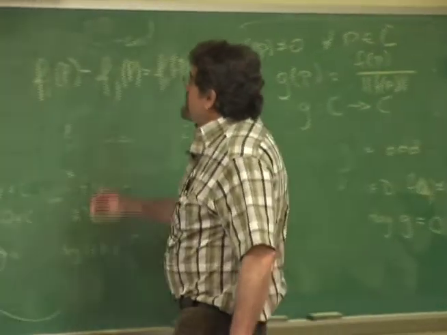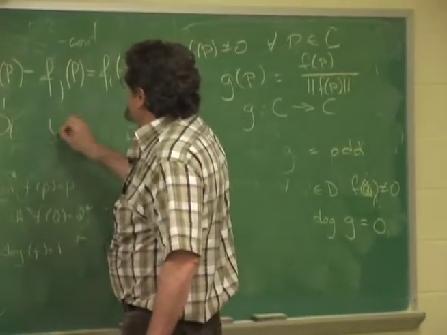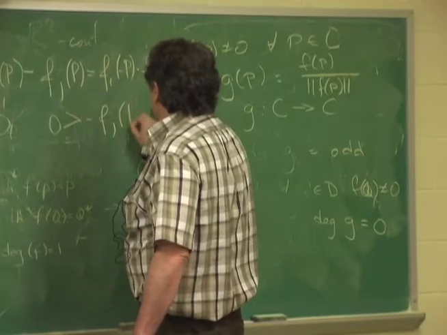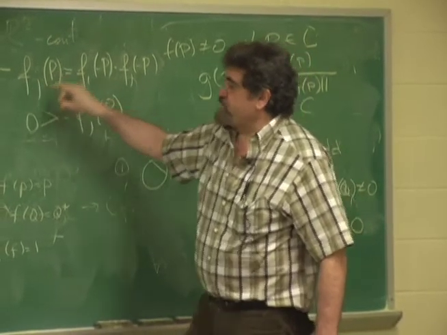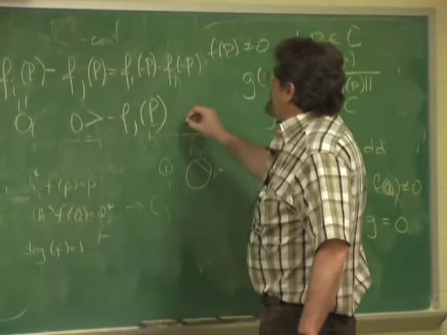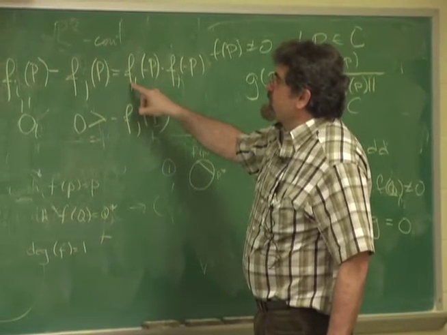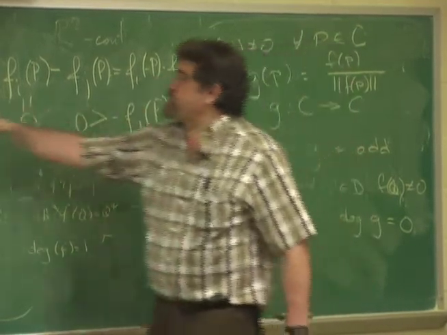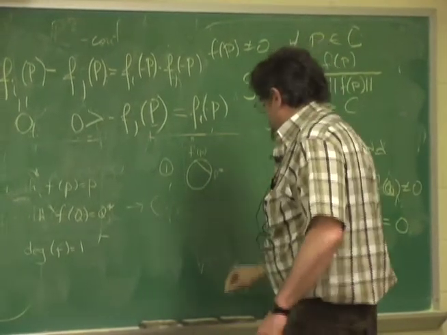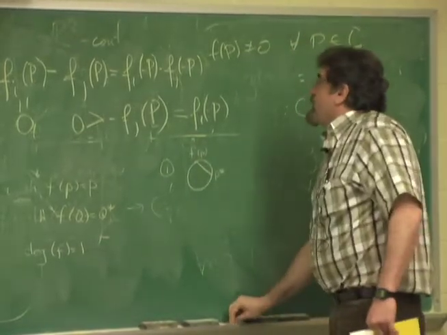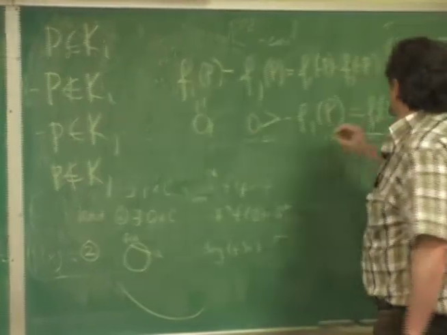Okay? Now, fi of P is 0, isn't it? So I get minus fj of P, and fj of P is not 0, equal to fi of minus P. Minus P does not belong to Ki, so it is fi of minus P minus fj of minus P. Minus P belongs to Kj, so this is 0.